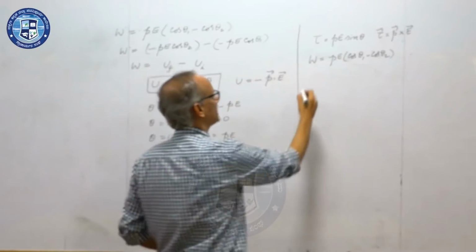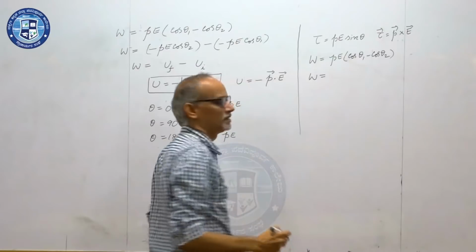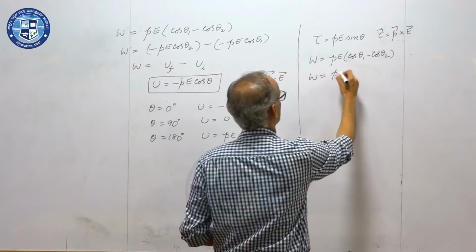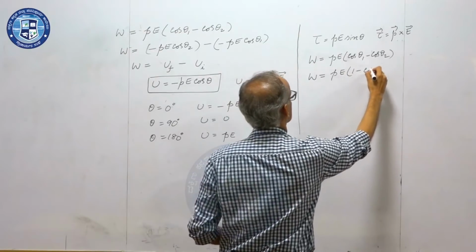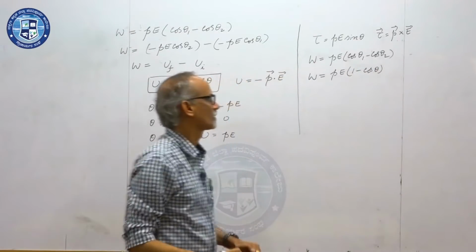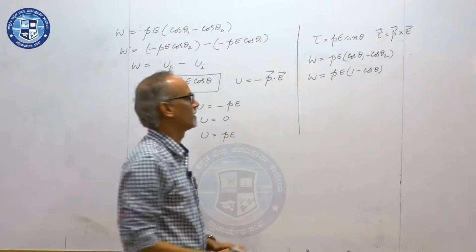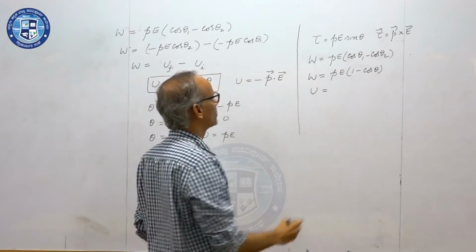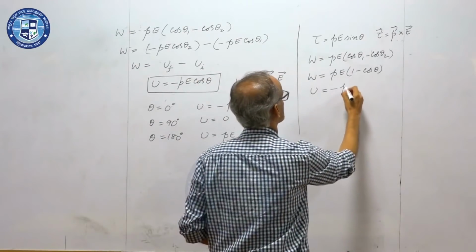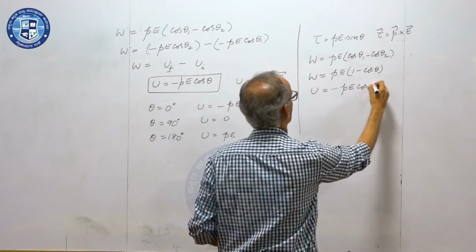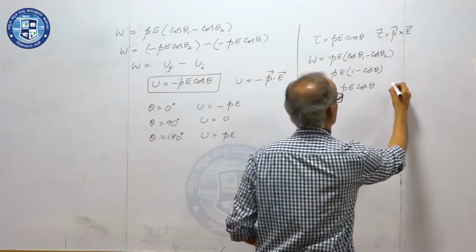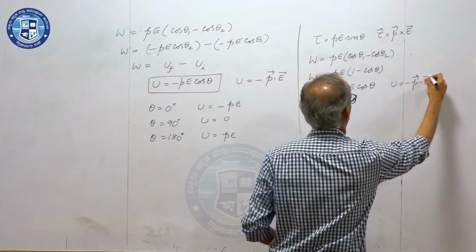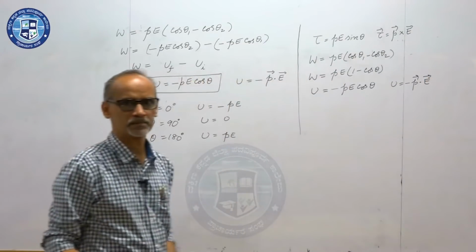Work done in rotating the dipole from the stable equilibrium position to a new position is given by W is equal to Pe into 1 minus cos theta, and energy stored in an electric dipole is given by U is equal to minus Pe cos theta, or U is equal to minus the dot product of vector P and vector E.